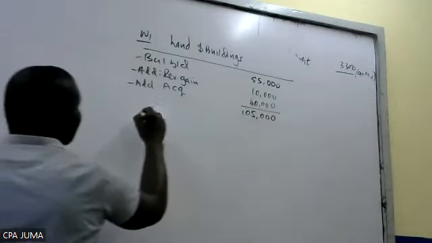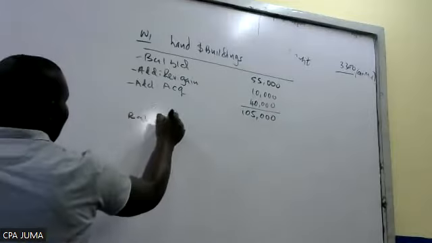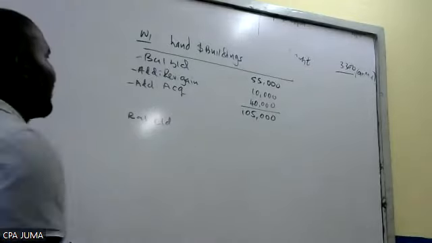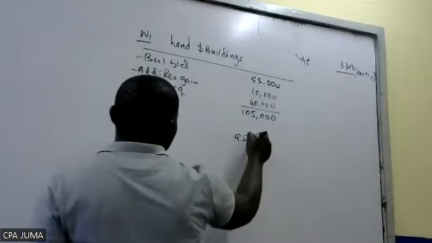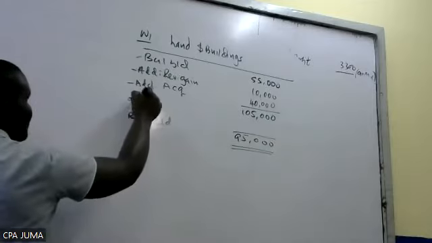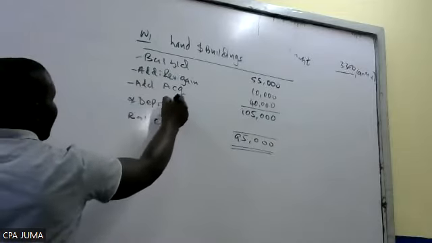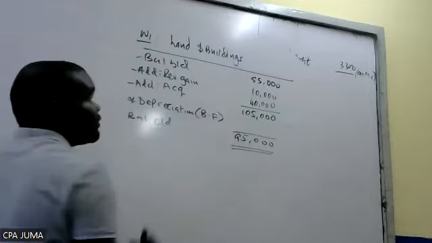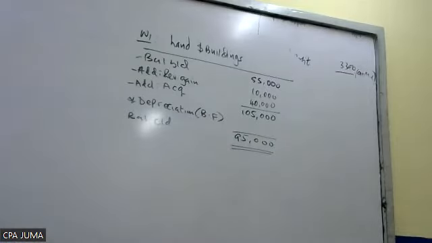Skip one line. Examiner is saying balance carried down is how much? 95. So what do you think? Correct. There is depreciation which they are not communicating on buildings. Depreciation, the balancing figure. There is depreciation. That is what they were not telling you.